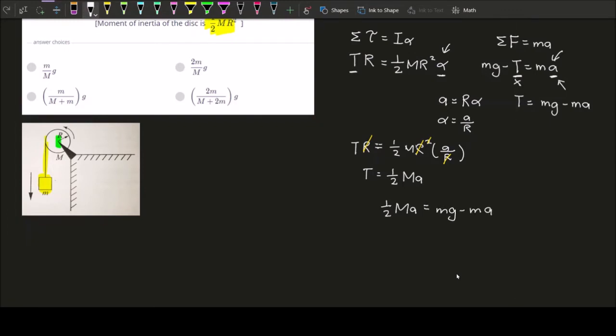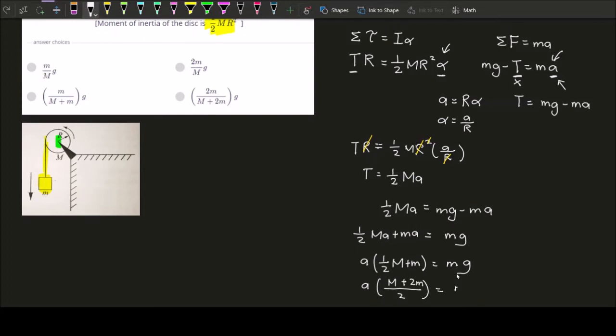So we want A as our subject, so we move everything related to A to one side and leave the other things on the other side. You factorize out the A, it becomes half M plus m, times A, equals mg. Then you want a common denominator, which you can make it as 2, and this will become M plus 2m.